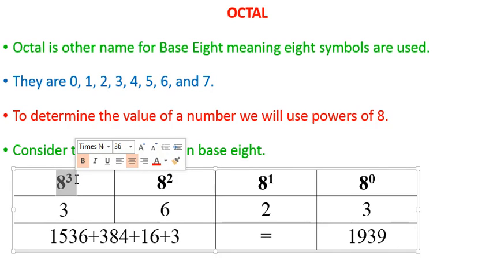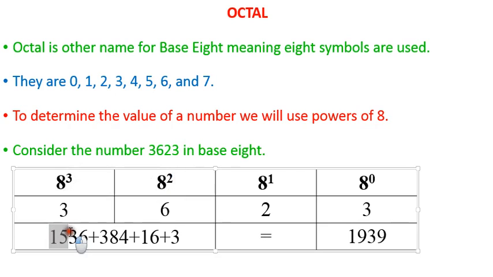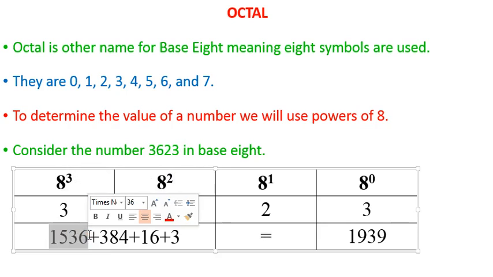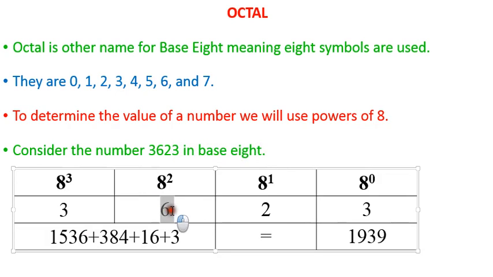If you use your calculator and get the answer, whatever you have, multiply it by this 3 that is under it. And if you do that correctly, you get 1536. Then come to the next one, 8 squared, which means 8 times 8. It will give you 64. If you multiply your 64 by 6, it will give you 384. You add it here.